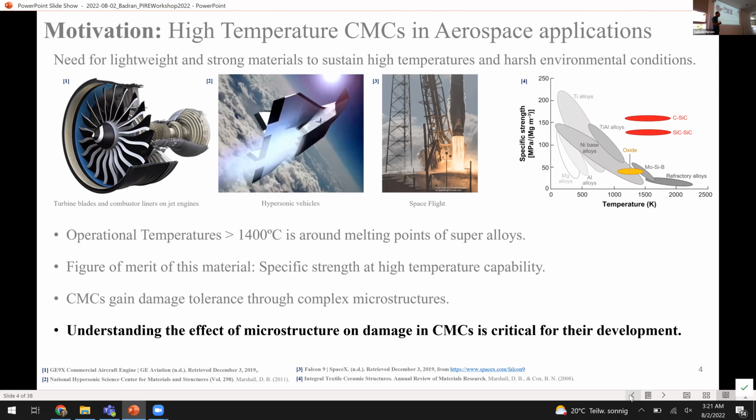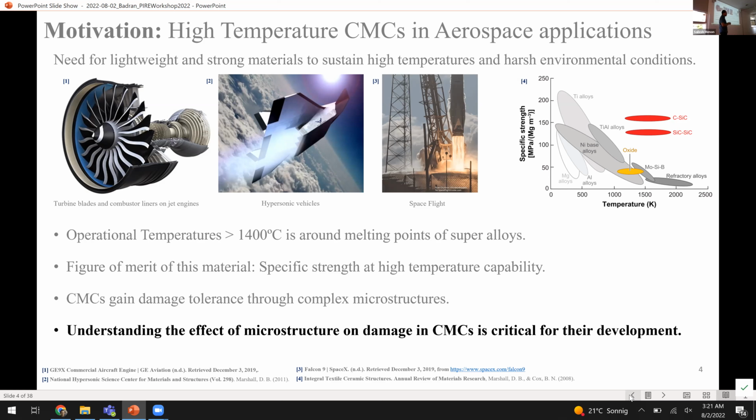So I said CMC a few times, and a lot of other people said that, but those are ceramic matrix composites. If we know anything about ceramics, just monolithic ceramics, it's like your coffee mug that you drop and it cracks, and you certainly do not want to fly with that.